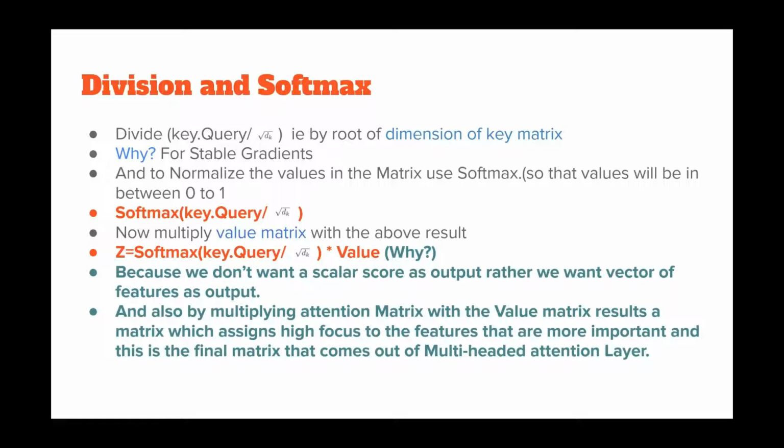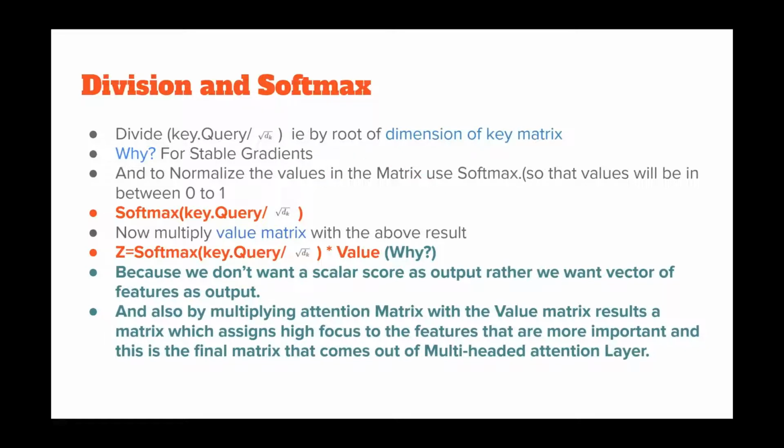Because the dot product can produce very high magnitude values with very large vector dimensions, which will result in very small gradients when passed to the softmax function in the next step. So the idea is to scale those values by dividing by root dk, the dimension of the key matrix. In short, it's for stable gradients.